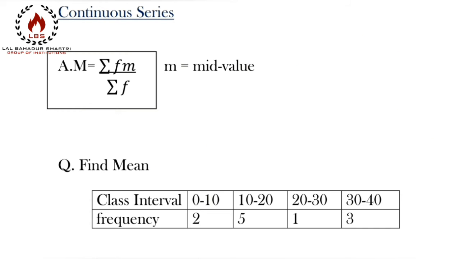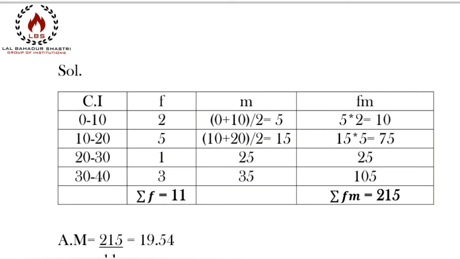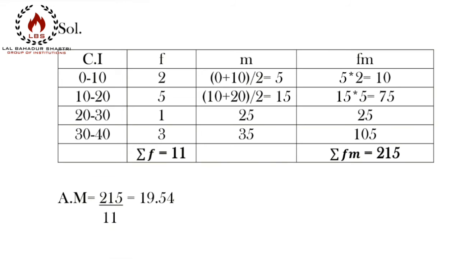See this question. Class interval and their frequencies: 0 to 10, 10 to 20, 20 to 30, 30 to 40, and their respective frequencies are given. First we will make the chart. Note down the class interval as it is, frequency as it is.